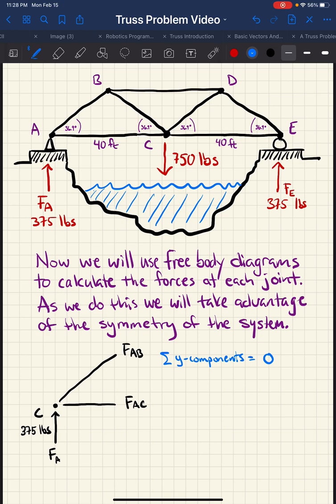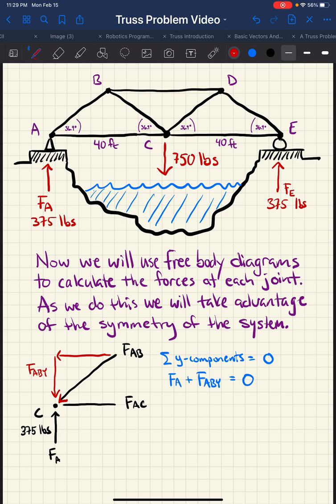Well, there's only going to be 2 y components here: FA and FAB in the y direction, which means this has to be acting down to counteract FA. Which means that has to be that way. So FAB is going to be acting in that direction.